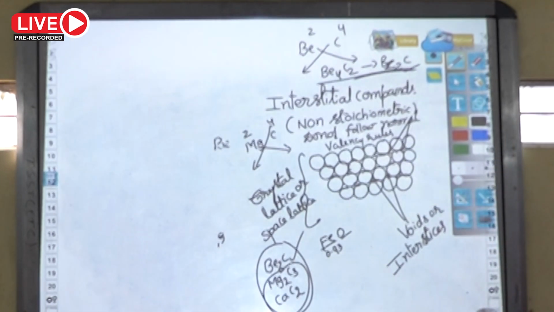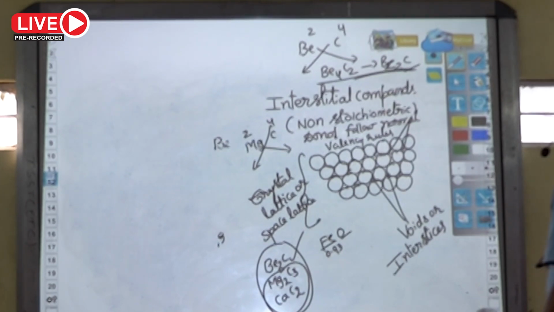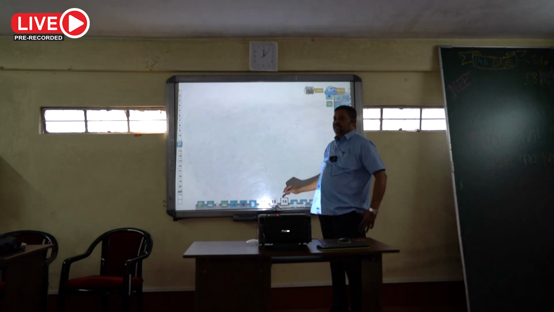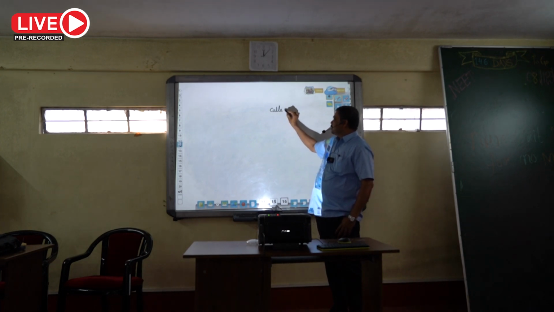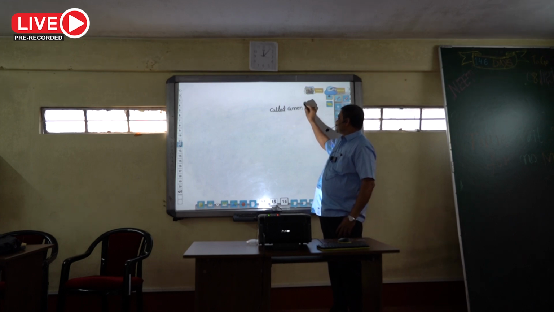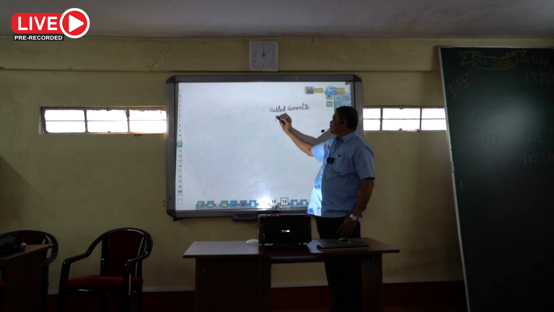Here write one more point. The extreme hardness of steel is due to the formation of an interstitial carbide called cementite, Fe4C.